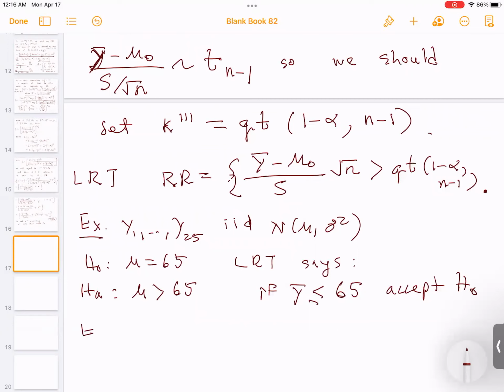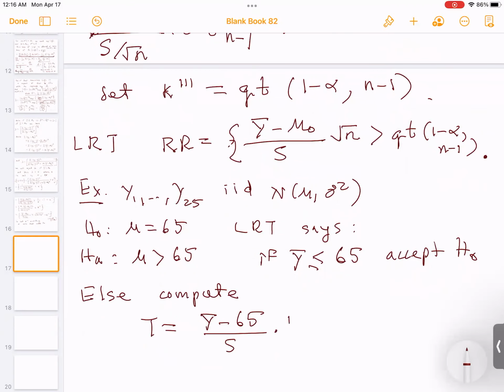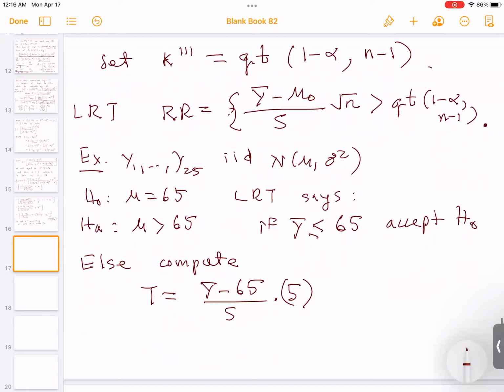Else, compute T equal to Y bar minus 65 over S times the square root of 25, which is 5, and reject H0 if T is greater than QT 0.95.